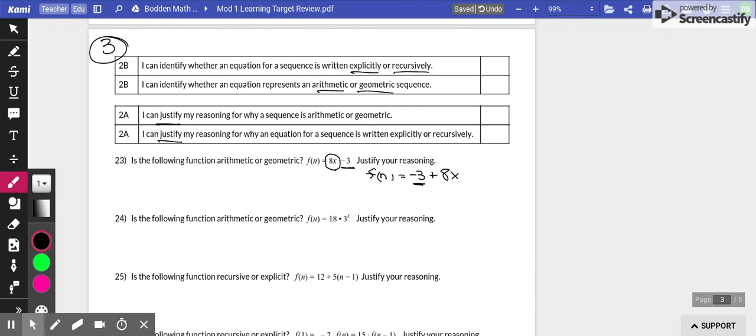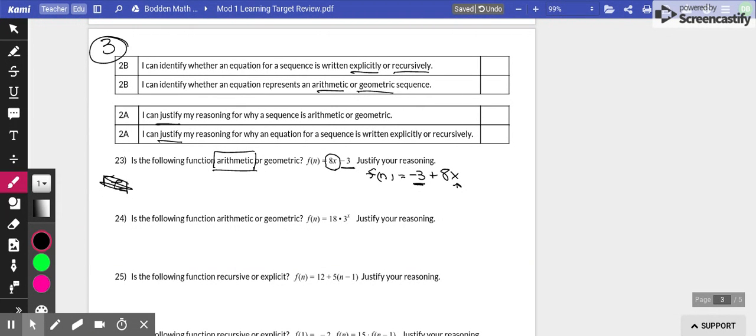This means I'm starting with negative 3, and I keep adding multiples of 8, X amount of times. So I have repeated addition, so I'm going to say arithmetic.